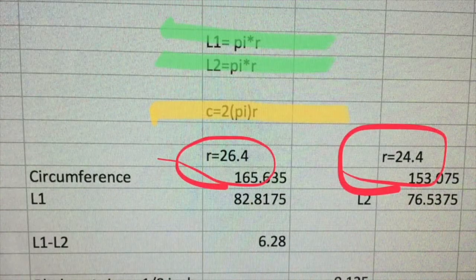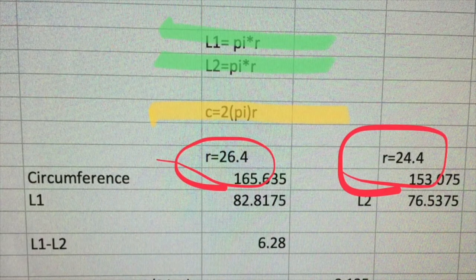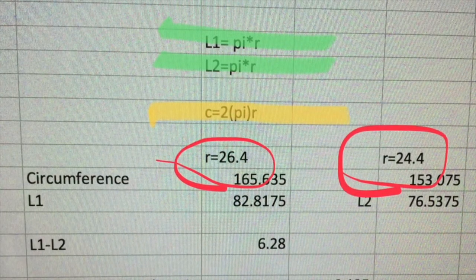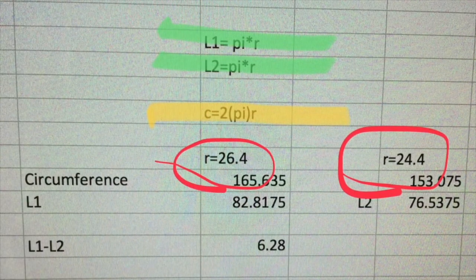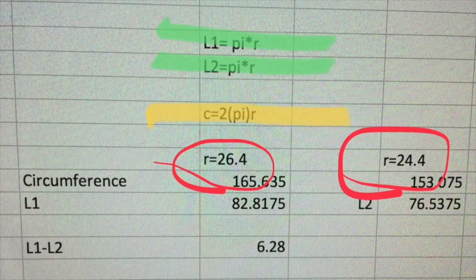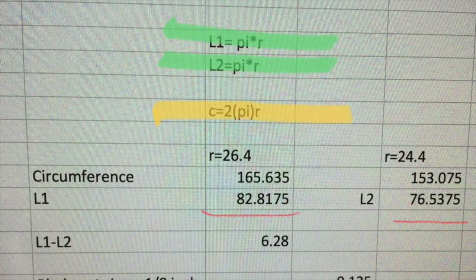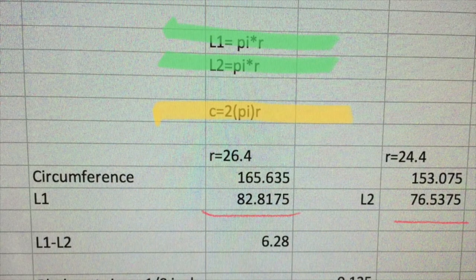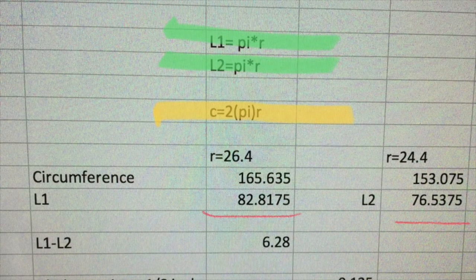I've now circled two r values, meaning the radius. The radius of the outside of the arch is 26.4 inches, and the radius of the inside of the arch is 24.4 inches.